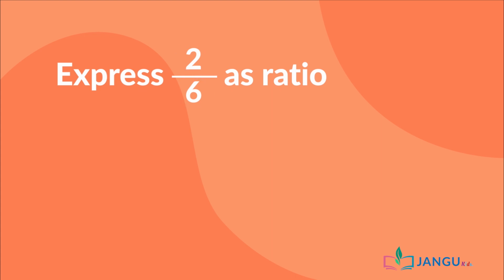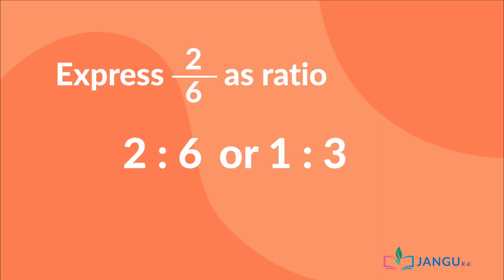Therefore, the ratio equivalent of the fraction 2 over 6 will be to write the numbers as whole numbers and then add a colon in between the numbers 2 and 6. This ratio can be further simplified to 1 to 3 if we divide both numbers by 2. That is, 2 divided by 2 to get 1 and 6 divided by 2 to get 3.